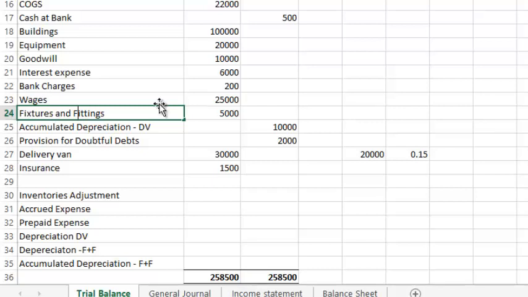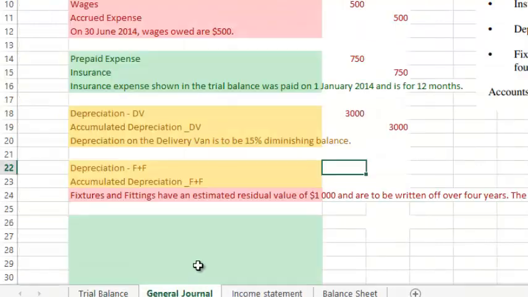From that we take away the $1,000 to get $4,000. So $4,000 is meant to be depreciated over 4 years. Divide that by 4, and we're obviously going to get $1,000. So $1,000 needs to be depreciated for fixtures and fittings every year.